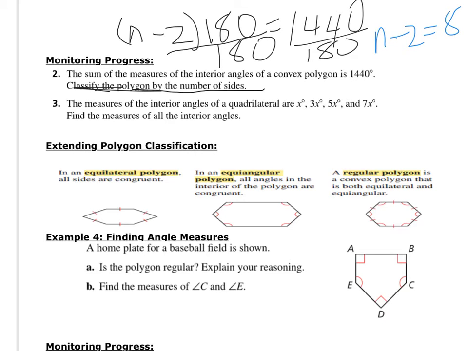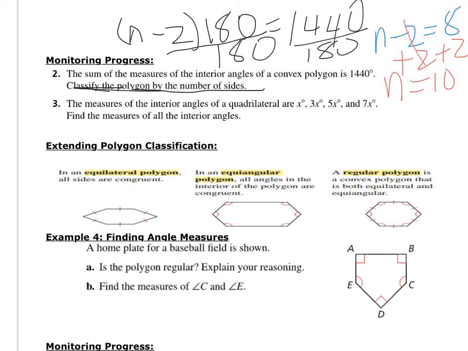Now what do we do? That's right, we'll add 2 to both sides. That's gone, and we get n equals 10. So a polygon that has a total degree measure of 1,440 degrees has 10 sides, which also means it has 10 angles.